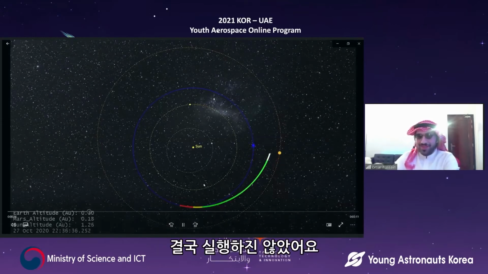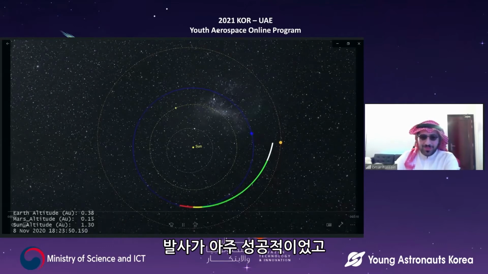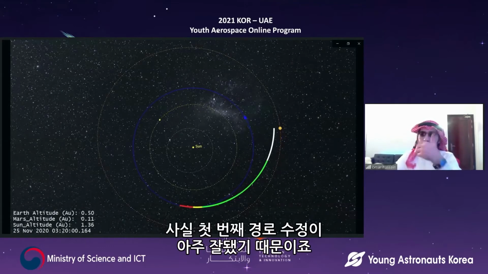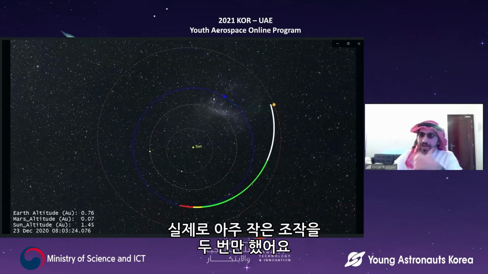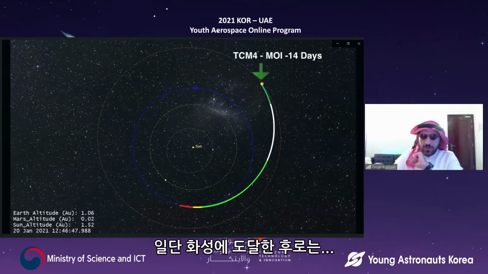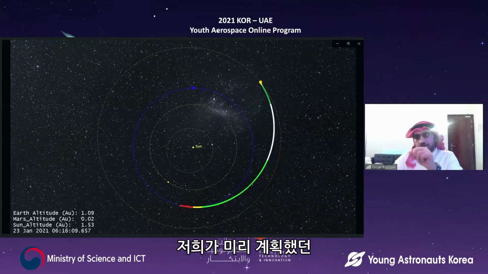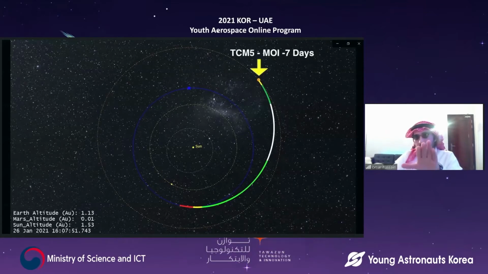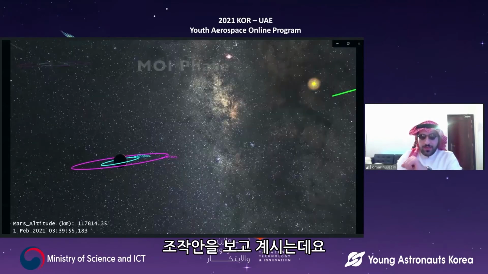We did not conduct them, so that means the launch was really good. And our first correction maneuver was actually really good. So we actually did 2 minor maneuvers, which is TCM2 and TCM3, in order to get to Mars. So these are all contingency maneuvers that we have developed in advance.